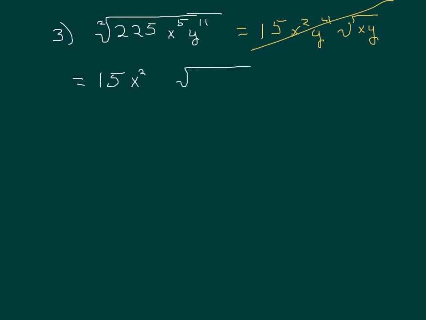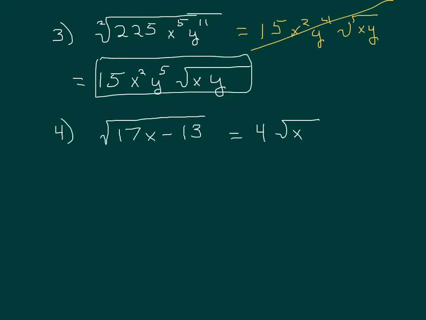What's left after you divide 5 by 2 is 1, so you're left with 1 inside. And you did that one correctly. Y to the 11th, 11 divided by 2 is 5, so we put that out here, and you got 4, and we're left with the y inside. So this is the correct answer.